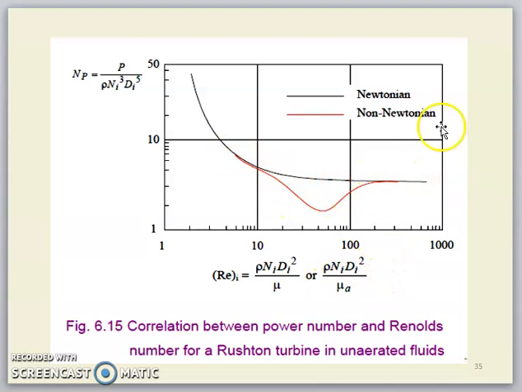Similarly, if we have a different fluid, okay, then what you have to do is similar to the previous example shown, you have to calculate the Reynolds number. So based on the Reynolds number, find the region and then refer to the type of fluid lines here, which one, Newtonian or non-Newtonian, and then you find the power number for the fermentation.